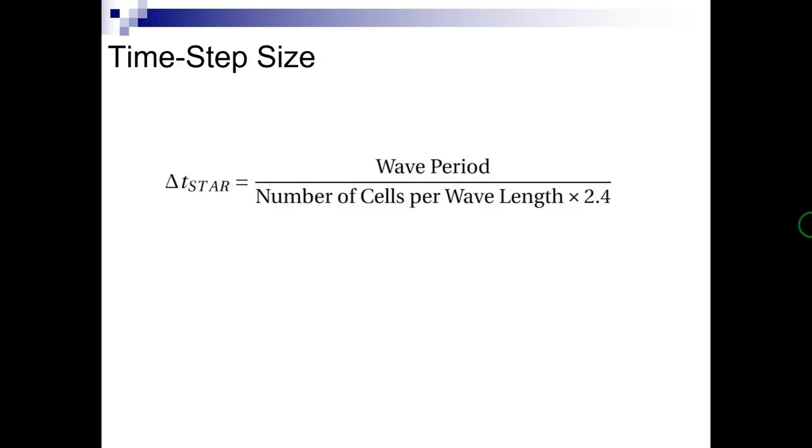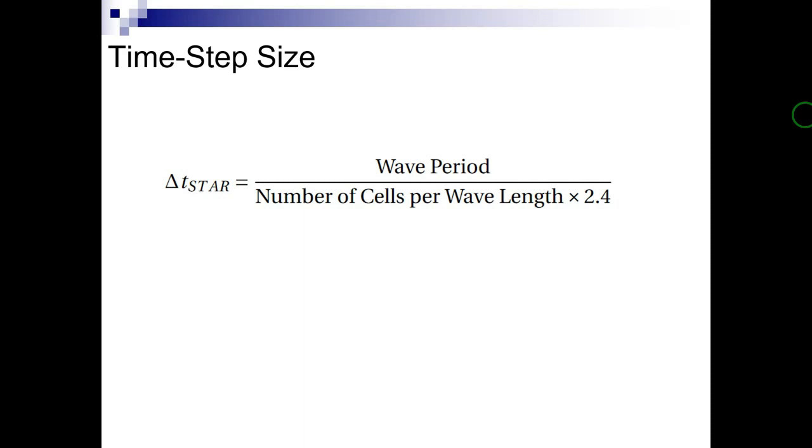Now let's define the solver settings for the accurate simulation of wave propagation. STAR-CCM+ recommends using this equation to specify the time step size: wave period divided by the number of cells per wavelength multiplied by 2.4.